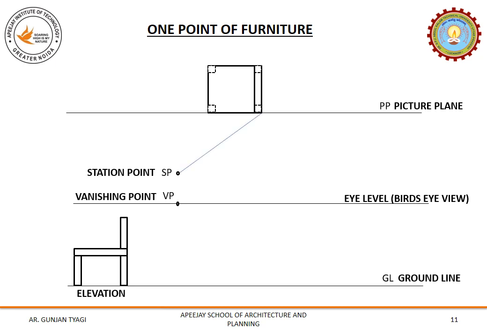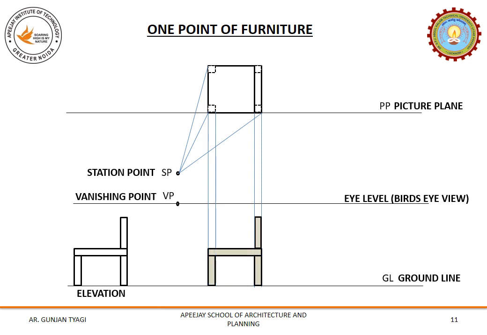I'll join all the plan points with the station point, one by one. Now I've extended the points from the plan to the ground line, and the points which are basically touching the picture plane, so that I can receive the width and the actual positions of the points.